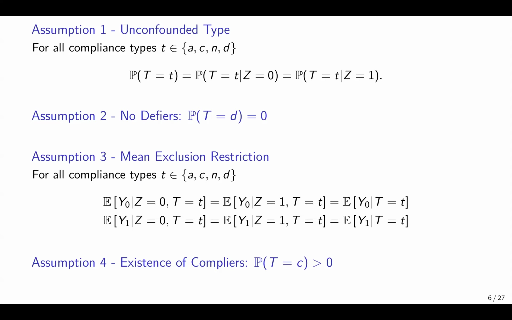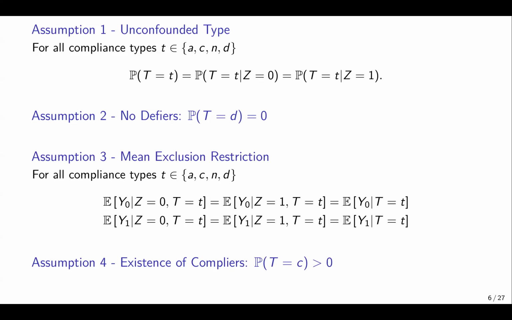So we're saying among the folks who did not get a voucher, the share of always, complier, never, and defier is the same as among the families who were offered a voucher. If we randomly assigned the treatment offer Z, then this assumption of unconfounded type is going to hold automatically.